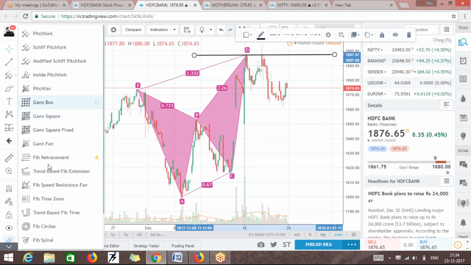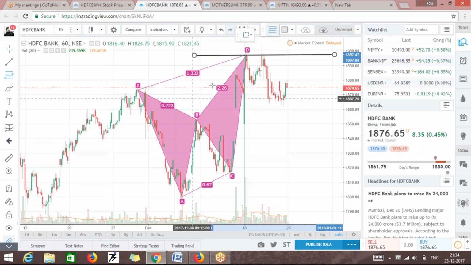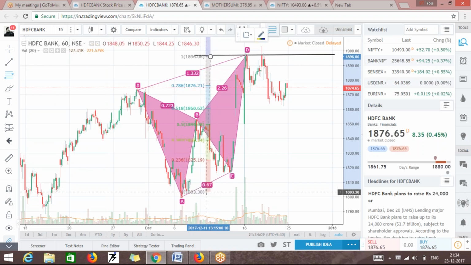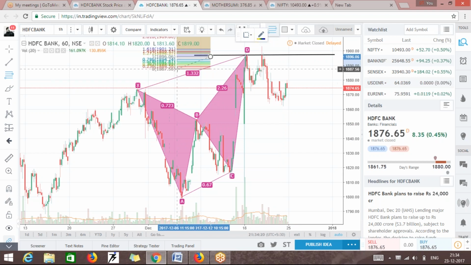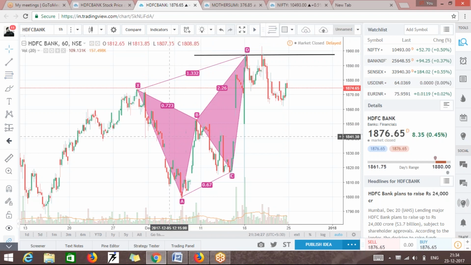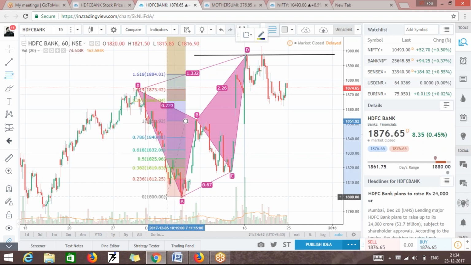If you would take Fibonacci extension of the AB leg, the AB leg is this one.